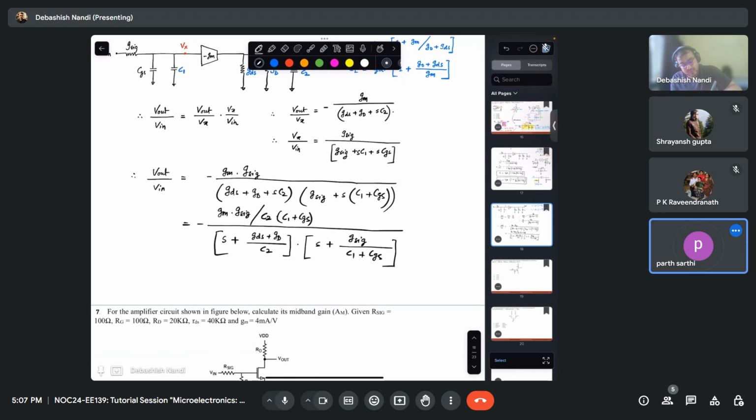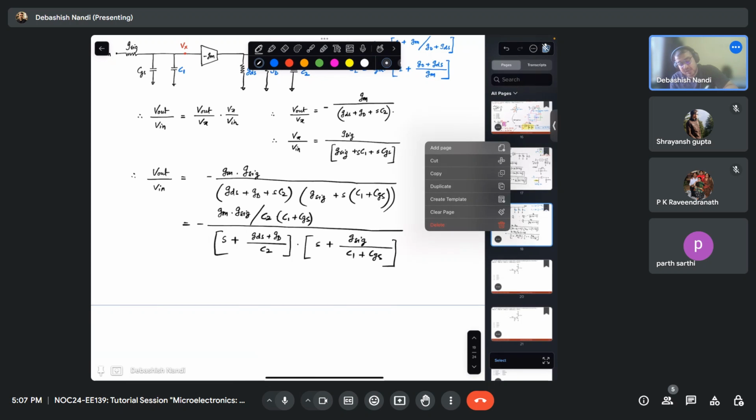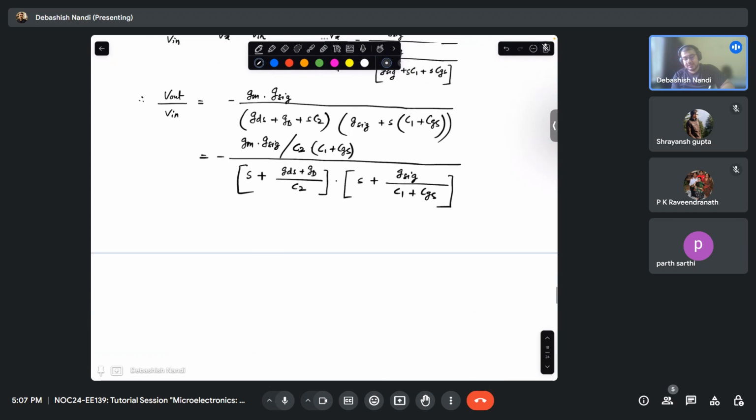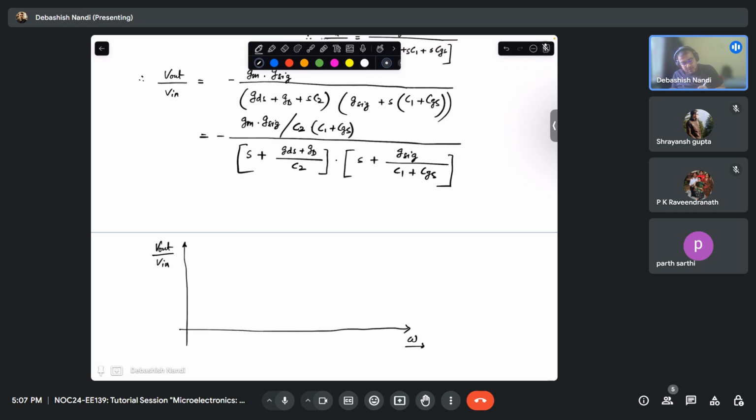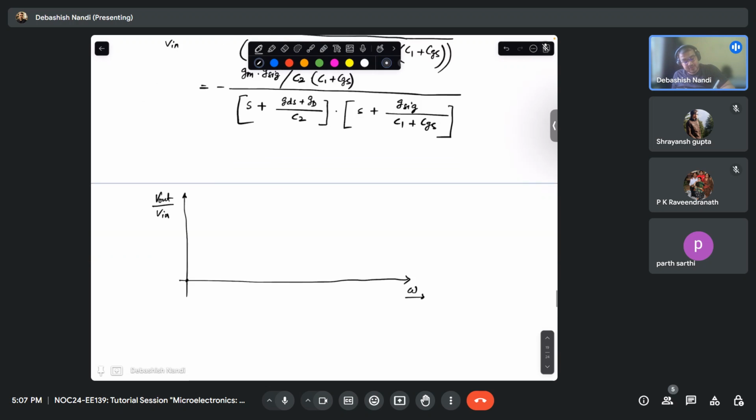Yes, sir. Okay. The reason I am doing this is that now I want to draw my gain versus bandwidth plot. So this is my omega and this is my V out by V in. At zero frequency, what will be my S?